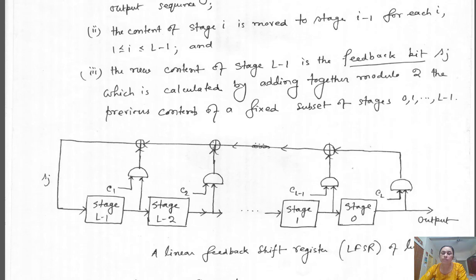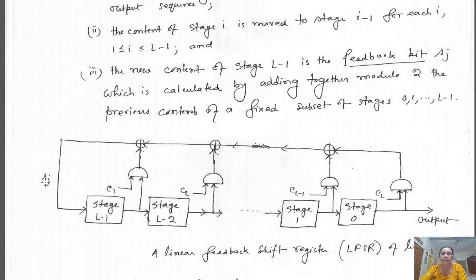So in this XOR value, a stage bit contributes provided the corresponding C is 1, meaning it contributes in forming this feedback bit. That is why we are saying new content Sj at the stage L minus 1.